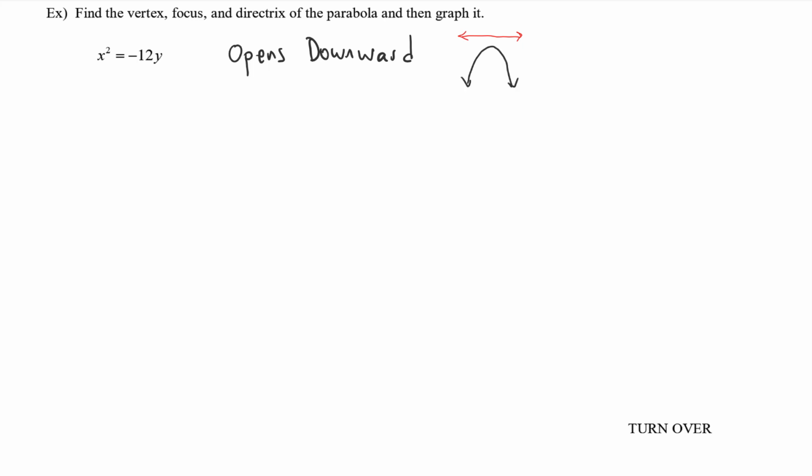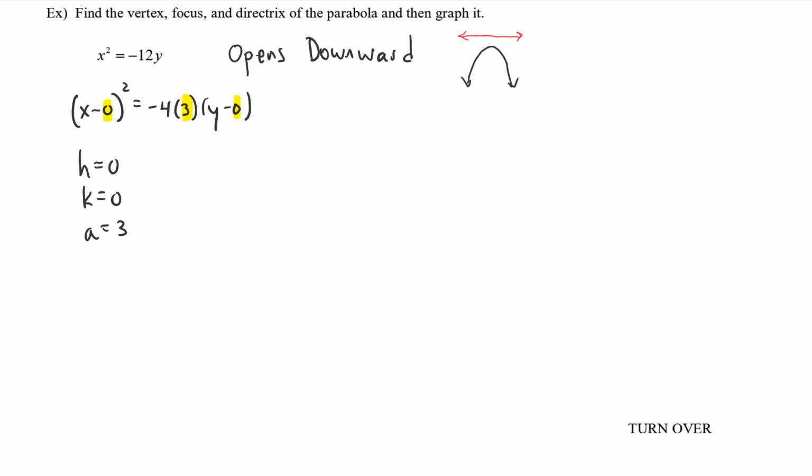It's going to basically look like that. So let's write it in a form that we prefer. We see that h is 0 and k is 0, and we see that a is 3. So there they are. There's our important numbers.